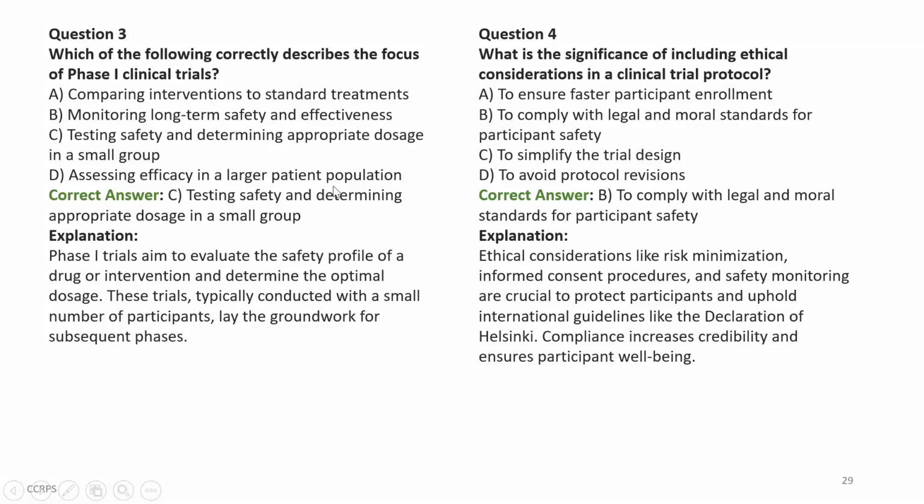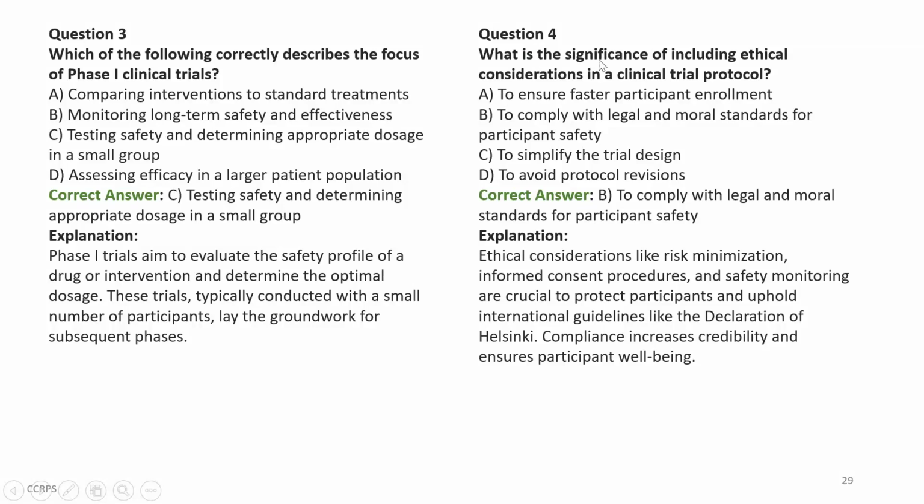D, assessing efficacy in a larger patient population, would be phase 2, a larger population in comparison to the population in phase 1. So C is the answer here for this question, phase 1.